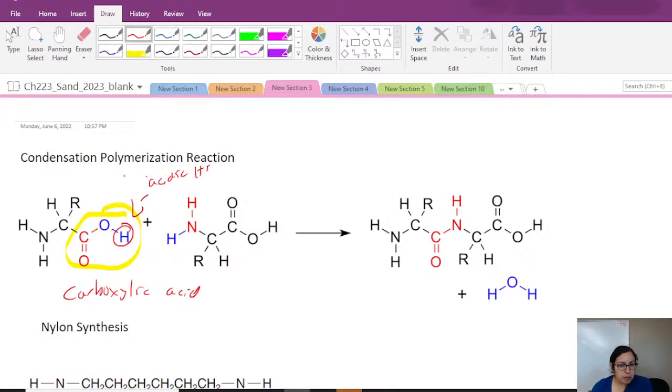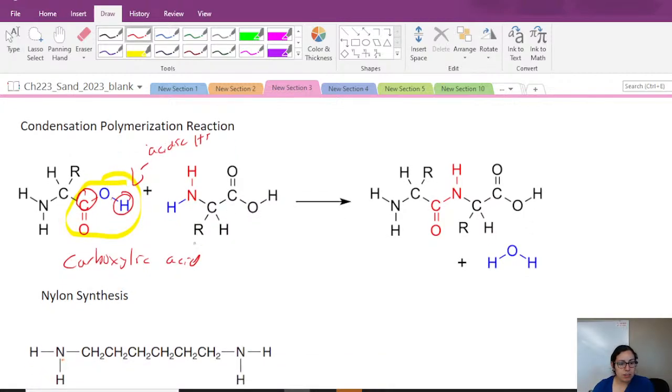Actually, it's going to be attacked at the carbon in these polymerization reactions. So this carbon wants to be attacked. And so that's what happens, and we're going to be losing water. Let's highlight that, so we have water, and then you can see where we're going to be making the bond.